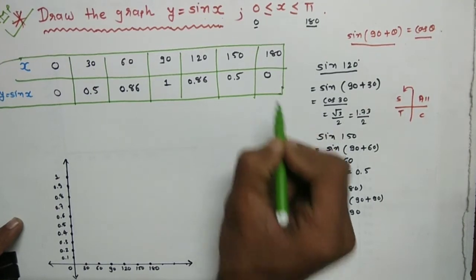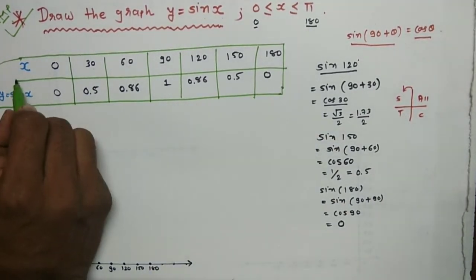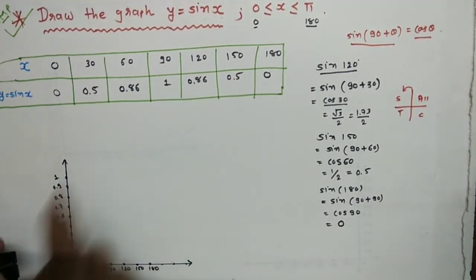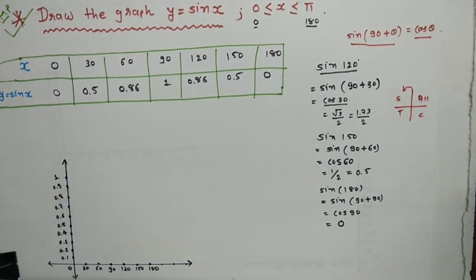Now our next step is to draw the graph of function y is equal to sin x with the use of this table. First of all, we draw these two axes, that is the y axis and the x axis.